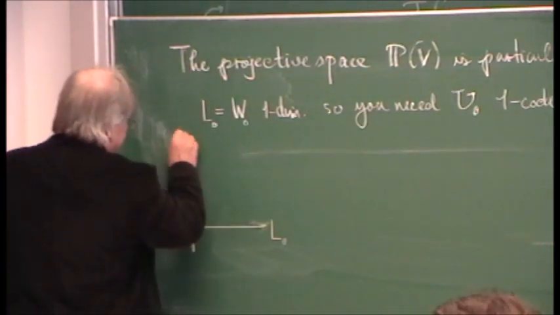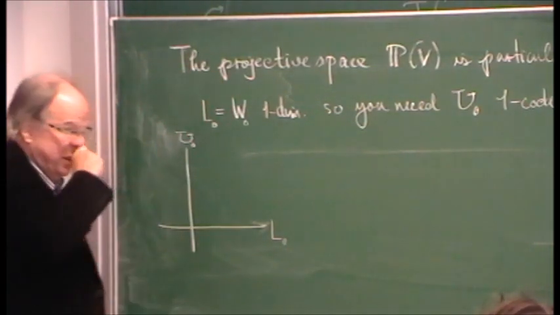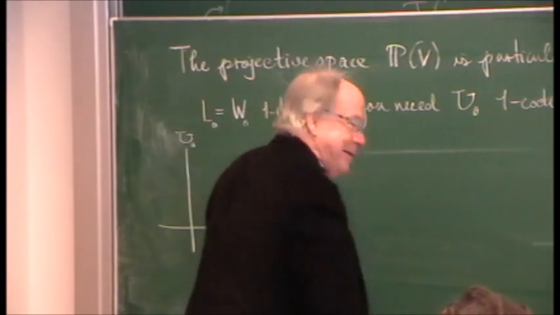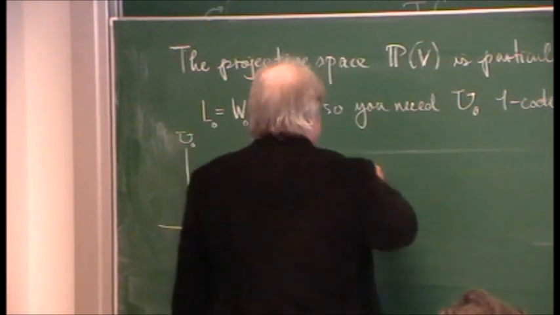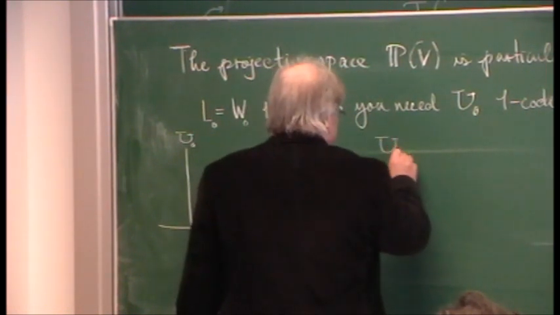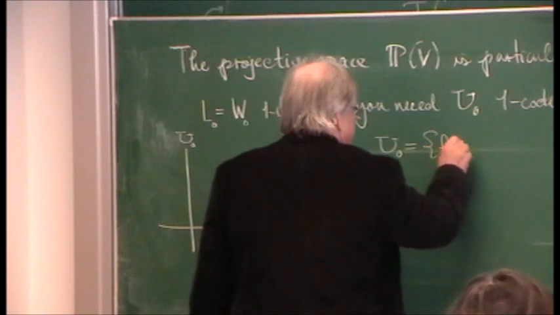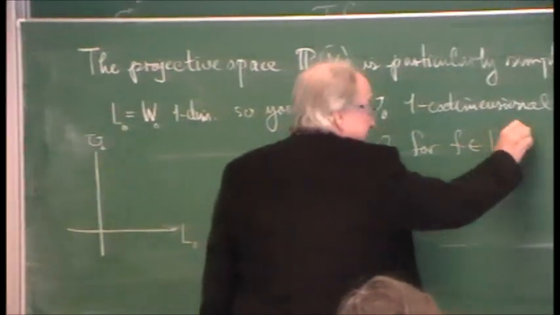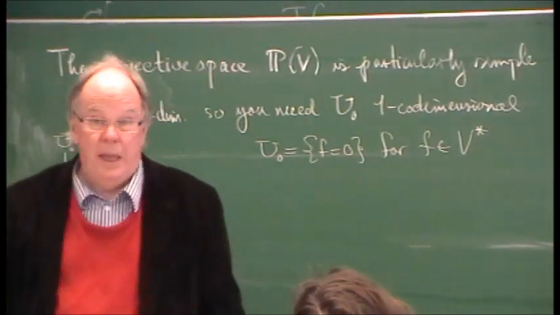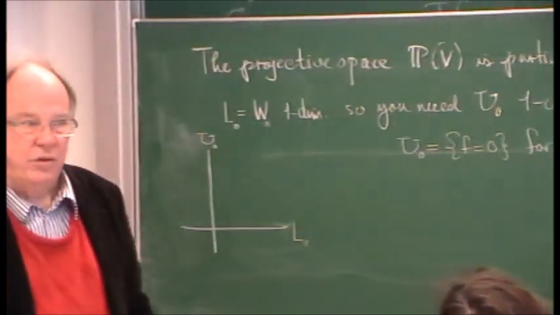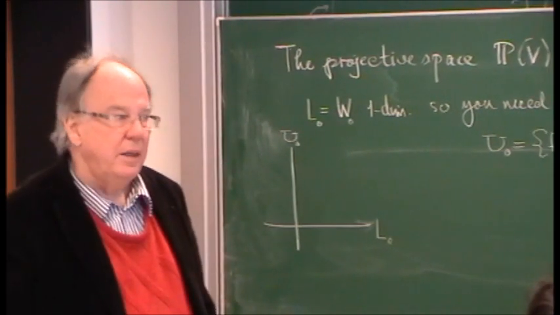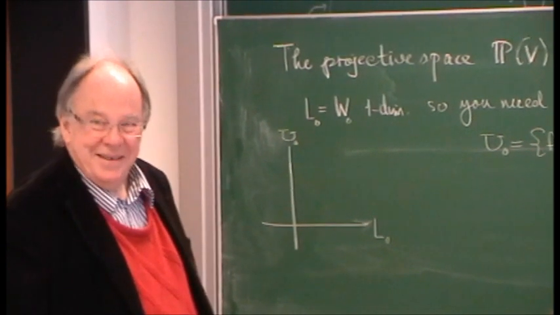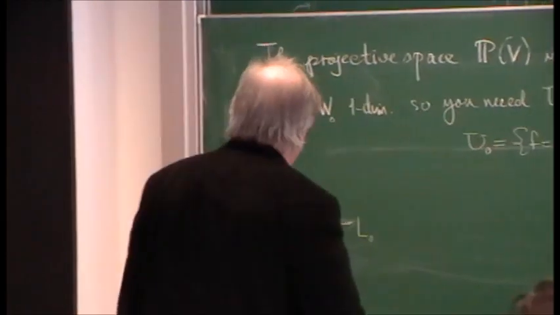And the complementary thing, U0, is one codimensional. And the big advantage of one codimensional is that U is f equals 0 for f, a linear function, on V. And f is not uniquely determined. It's uniquely determined up to a constant multiple, but it is more or less uniquely determined. So there's a big advantage.